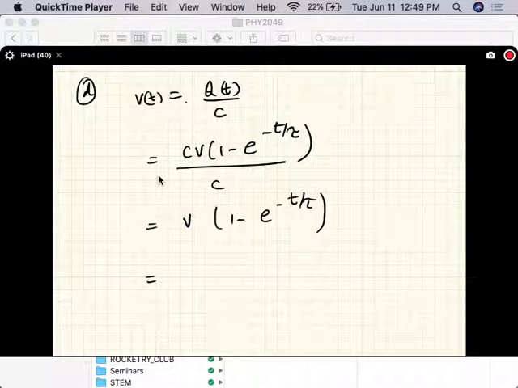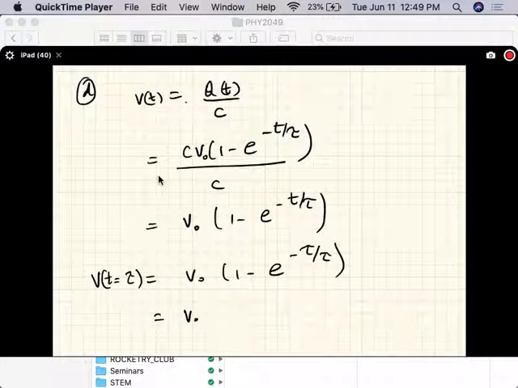Okay? And so the voltage across the capacitor, we'll call it V naught, just so there's no confusion. It's V times 1 minus e to the power minus t by tau.